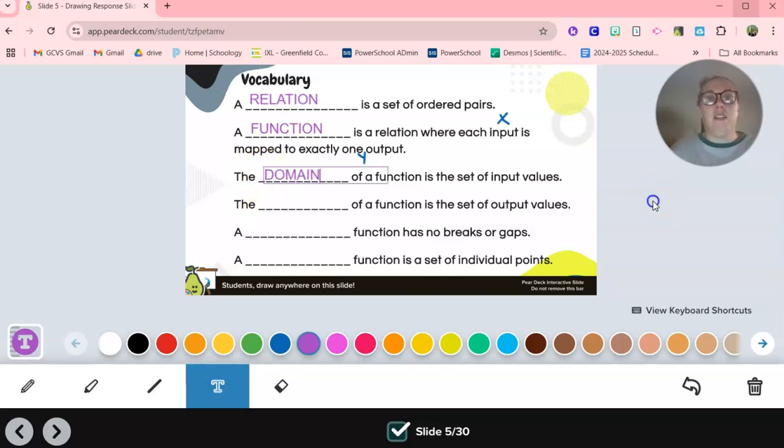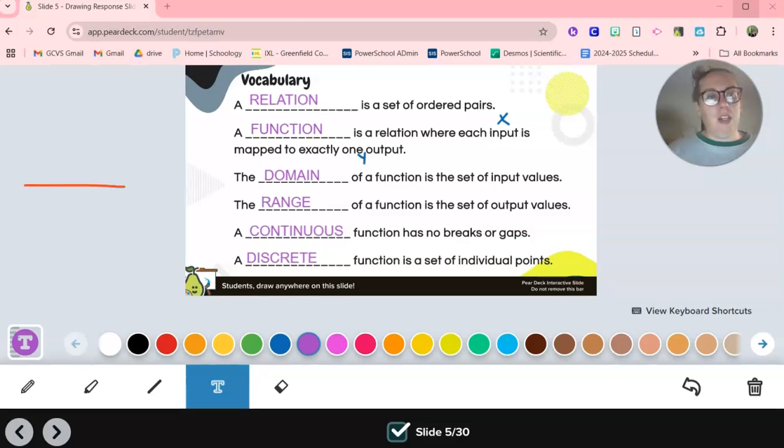The domain of a function is the set of the input values, and the range is the set of the output values. A continuous function has no breaks and no gaps, and a discrete function is a set of points. So when you're thinking about a discrete function, we might have a graph like this, and if it was discrete, it would just have points like this.